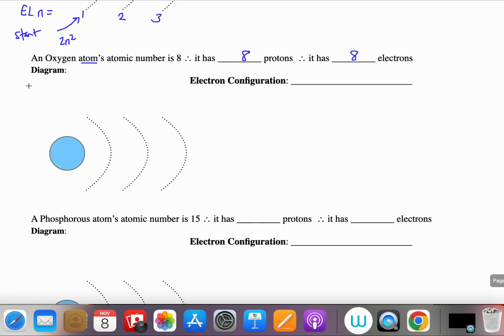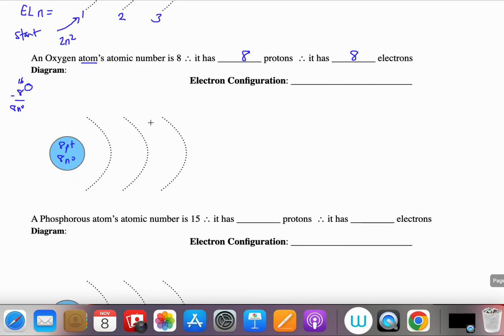If you draw out an atomic symbol for oxygen, its most common one will look like this. It has 8 protons in its nucleus, the mass being 16, so there more than likely are going to be 8 neutrons.